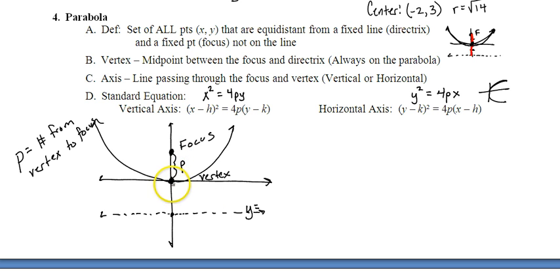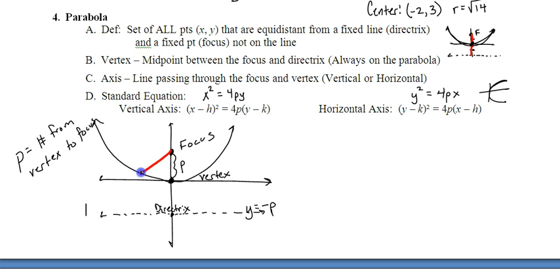Well, then here, because they're equal distance, if I go down, it has to be negative p. That tells me that the equation of my directrix right now is y equals negative p. And then I can write on here that this is my directrix. And if we go back to our definition, it's the set of all points that are equidistant from a fixed line and a fixed point.